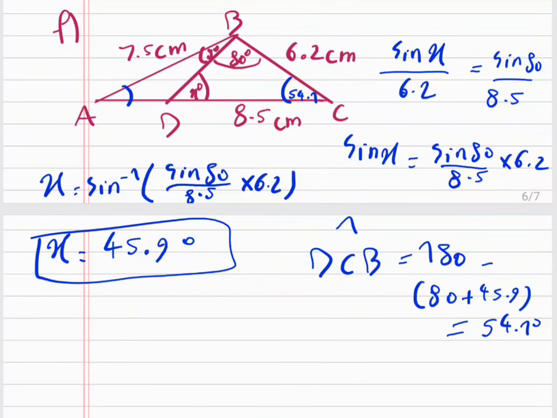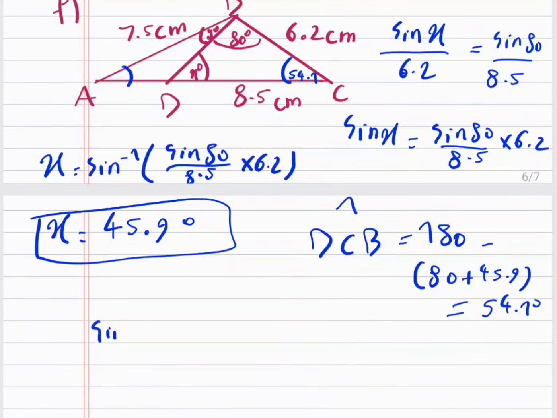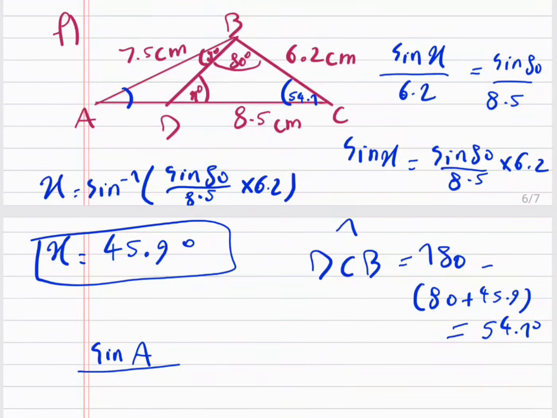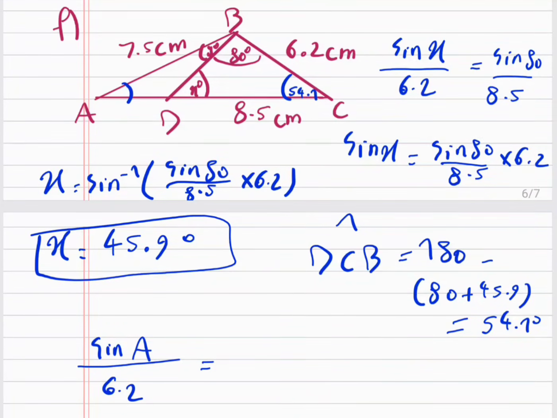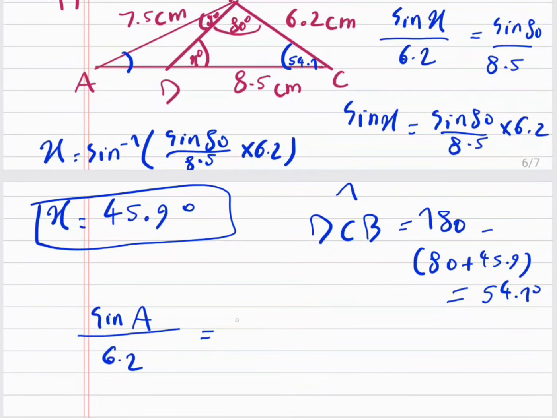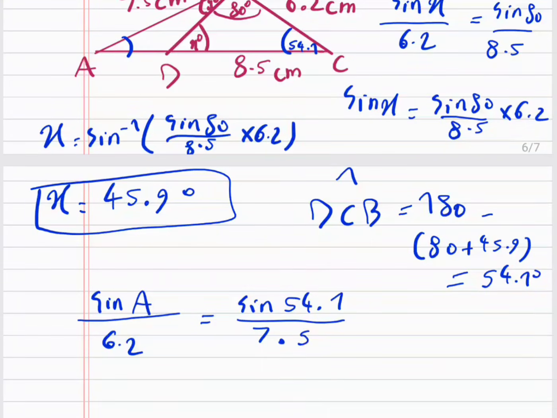So in order to find angle A, we just need to use another sine rule. So what we can do is form the equation sine A over the opposite side length to that, which is 6.2 centimeters. So remember, we are now working with the large triangle, over 6.2 is equal to sine C, or just sine 54.1 over AB, which is 7.5 centimeters.